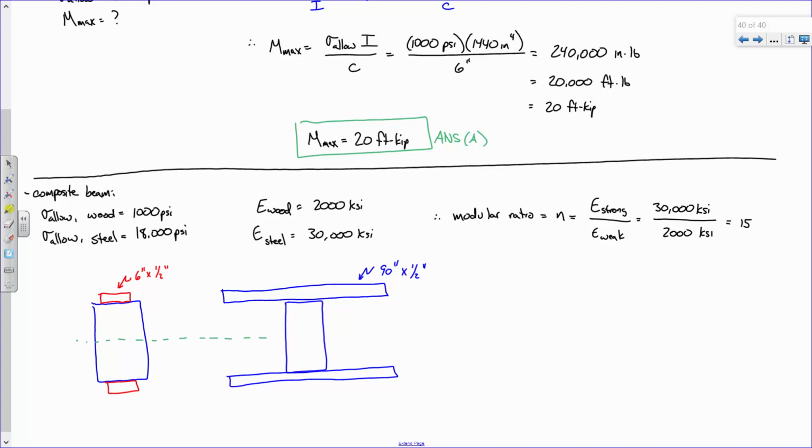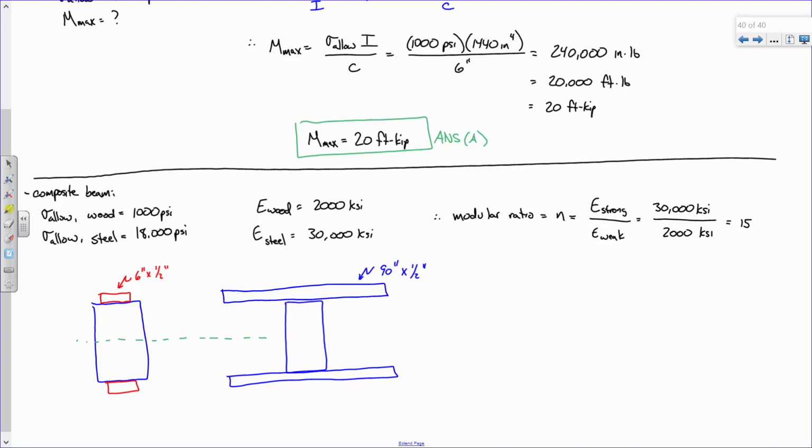Because here's the reason why. I want you to think about this in terms of sum of moments, okay? All right, let's say here's our neutral axis, right? This plate generates some force. So let's think about this from a sum of moments perspective. There's a force in this plate, and then there's a moment arm, a distance from the centroid of the whole thing to the centroid of that individual plate, okay?